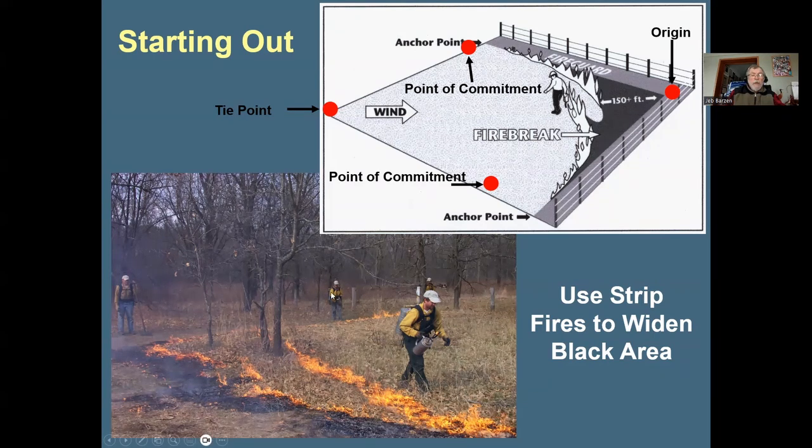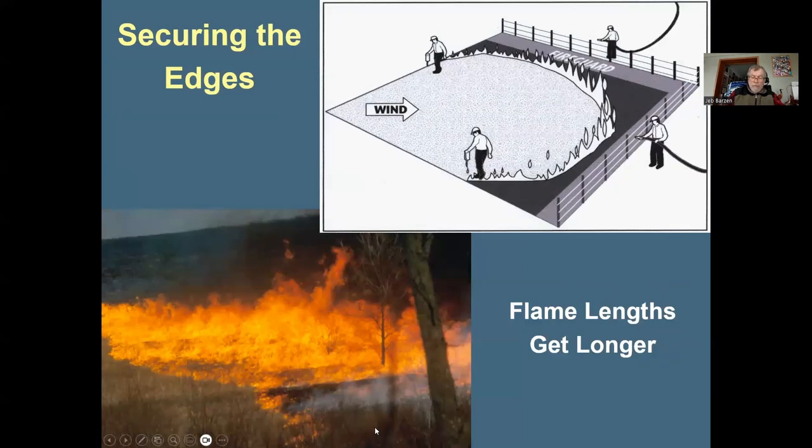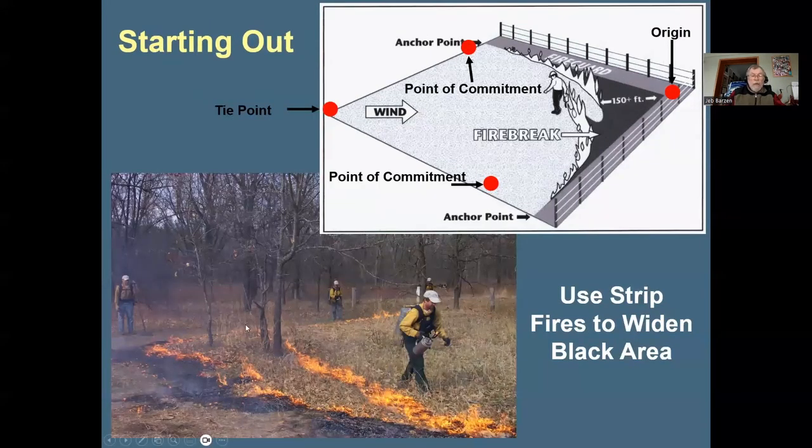In order to advance this, our point of origin in this particular unit was right back here, and you can see the two lines of fire, one line coming out this way and one line coming out this way. And what this fire boss has done is light a strip fire across here that's going to burn out this area very quickly. You can see already the flame lengths here are longer than the backing fire here.